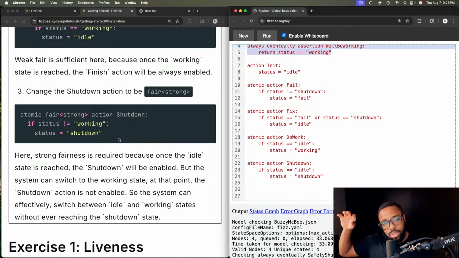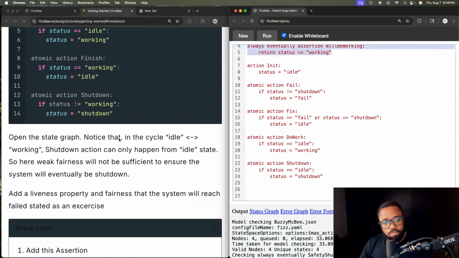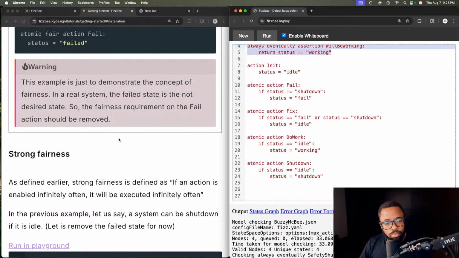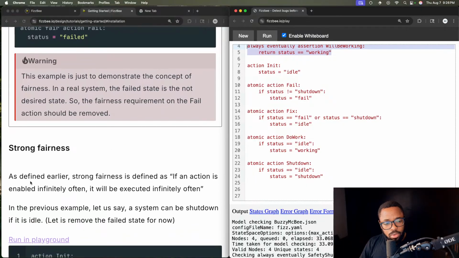Strong fairness will be if a process is off and on, like ready and not ready, ready and not ready, it should receive work at some point. Strong fairness is defined as: if an action is enabled infinitely often, it will be executed infinitely often.